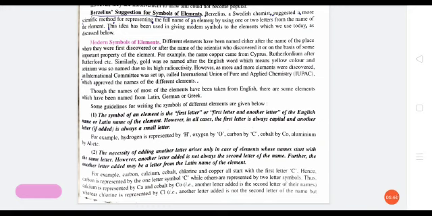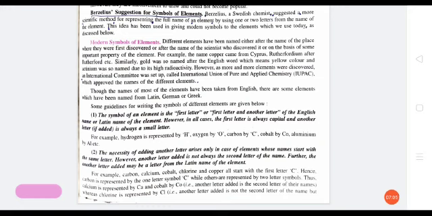Okay, and the next guideline is that the other letter added may be a letter from the Latin name of the element. For example, cobalt is represented by Co, which is taken from the English word.